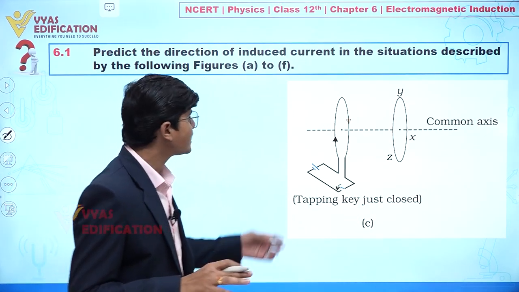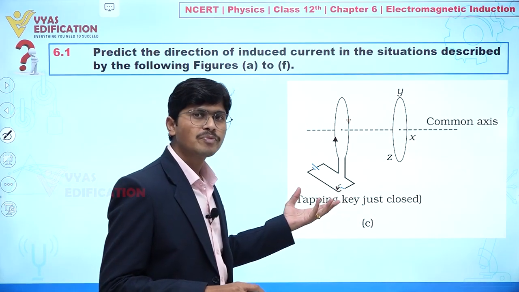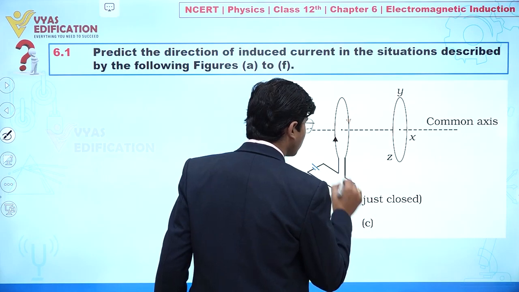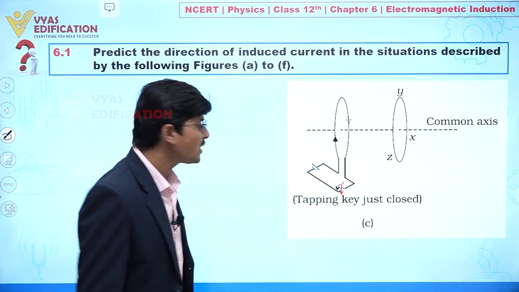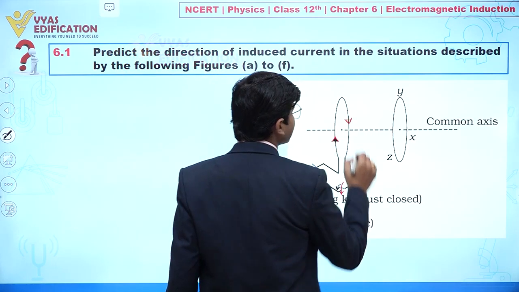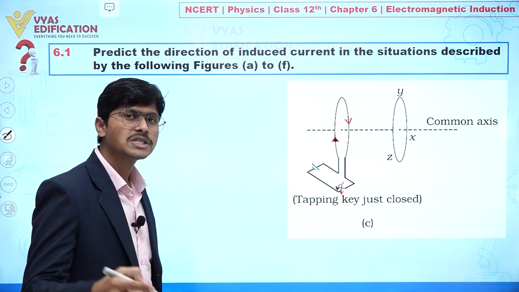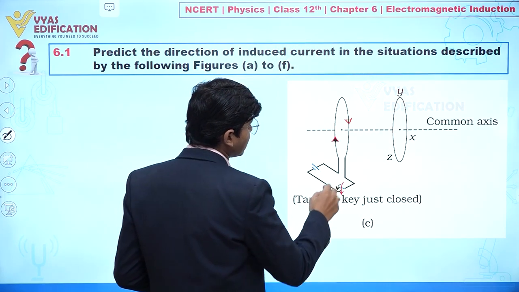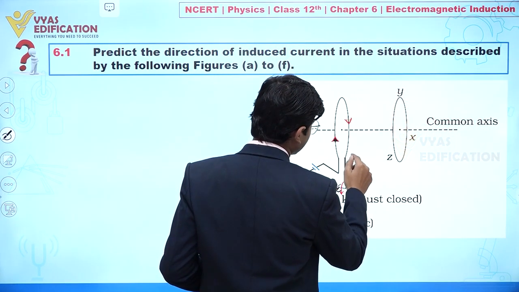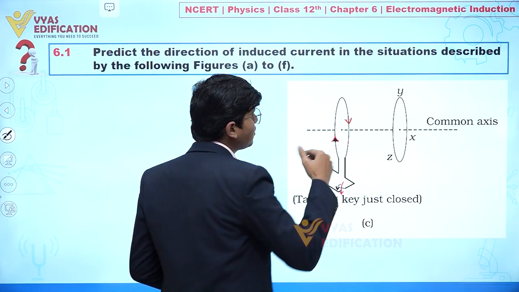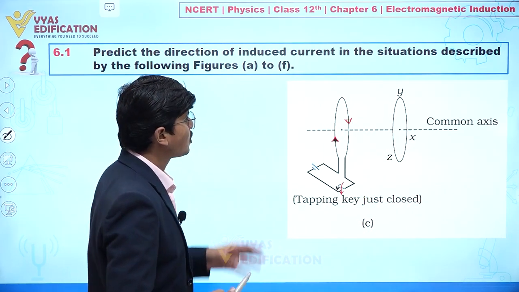It means initially this is an open circuit, but what will happen at the time this tapping key is just closed? When this tapping key is just closed, the magnitude of this current increases, clear?